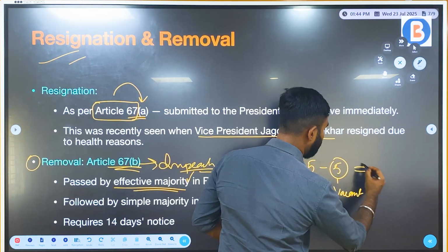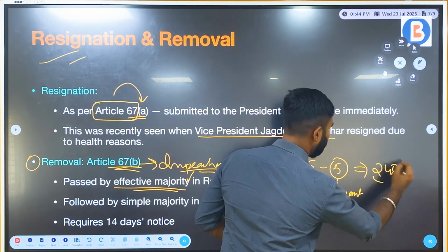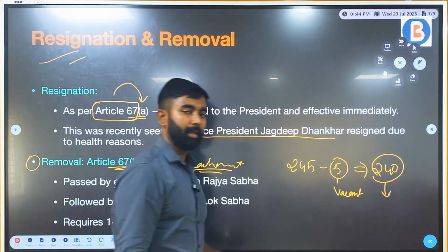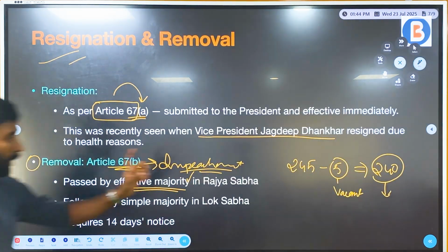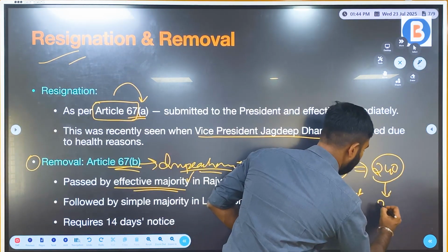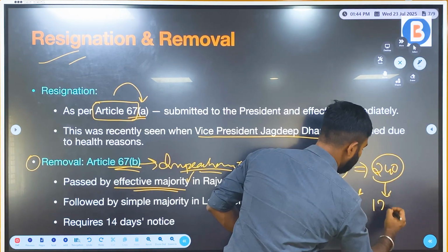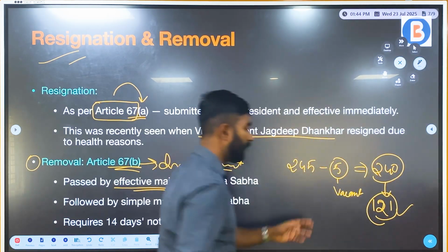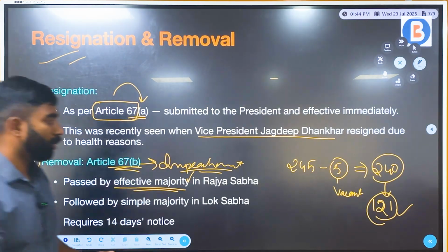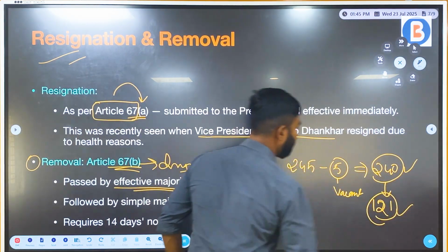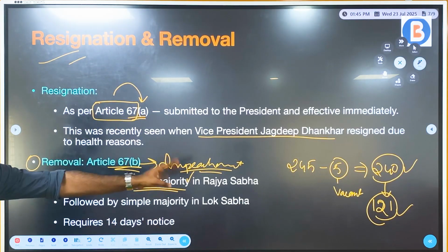The effective strength is 240. Half of 240, that is 121 members, should vote. That is the majority, more than 50% of the effective strength.